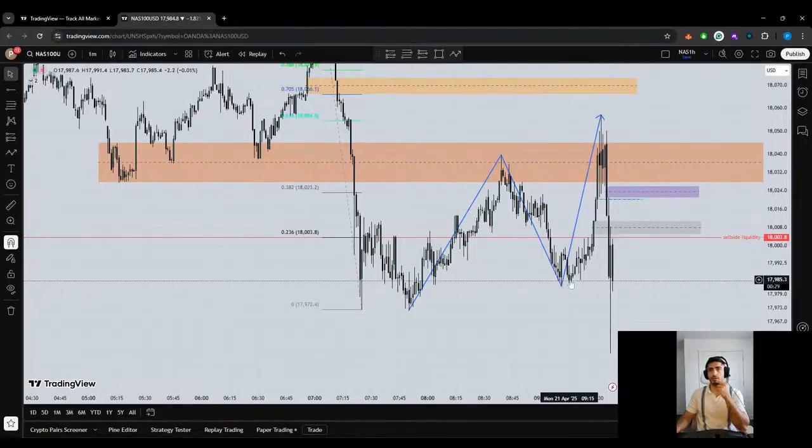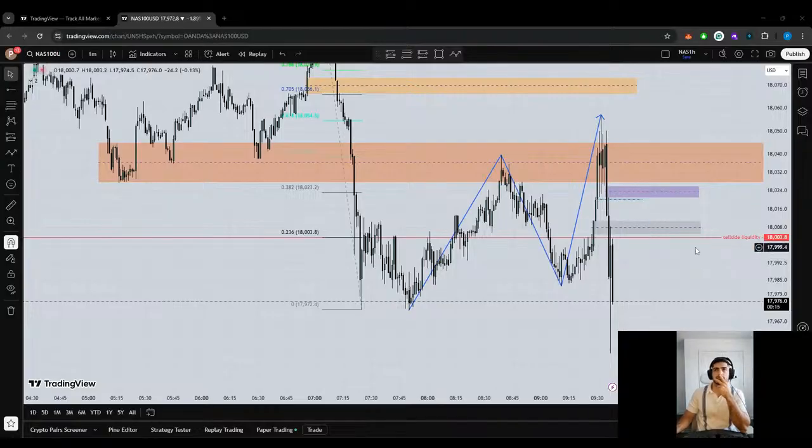No full body closing below these lows. And 2, 1. Now we currently have a body that closed below the lows.